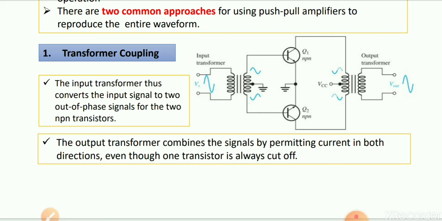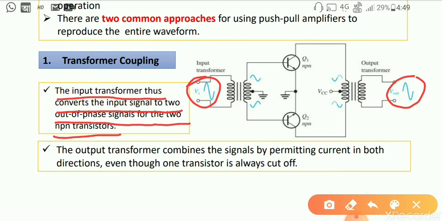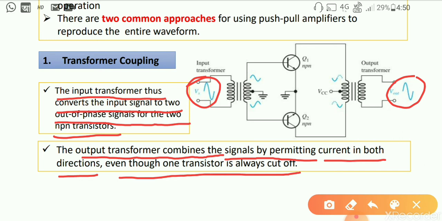To get the output, the full wave comes for the input signal. When one is in the on phase, the other is in the cutoff phase. The input transformer thus converts the input signal to two out-of-phase signals for the two NPN transistors. The output transformer combines the signal by permitting the current in both directions even though one transistor is always cut off.